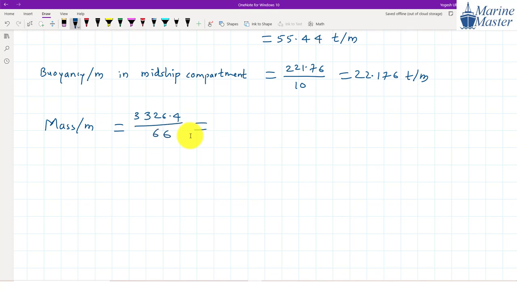Please do the calculation, guys. How much does it become? 50.4 ton per meter. Getting my point? Try to understand the scenario here.